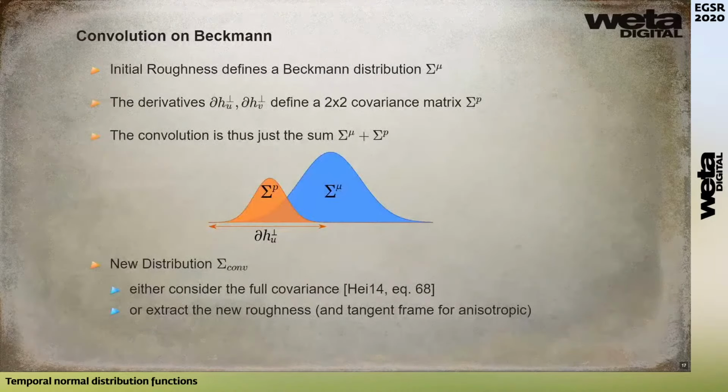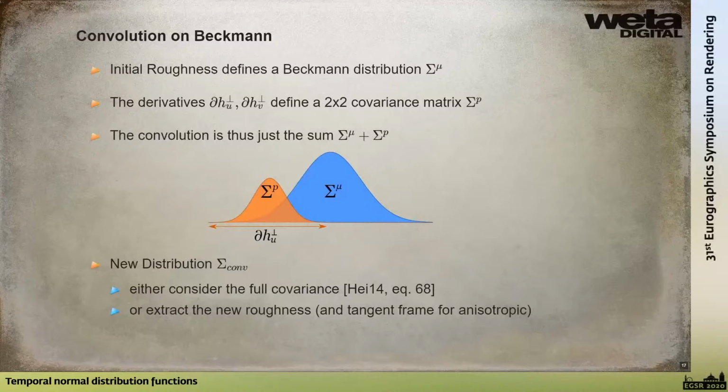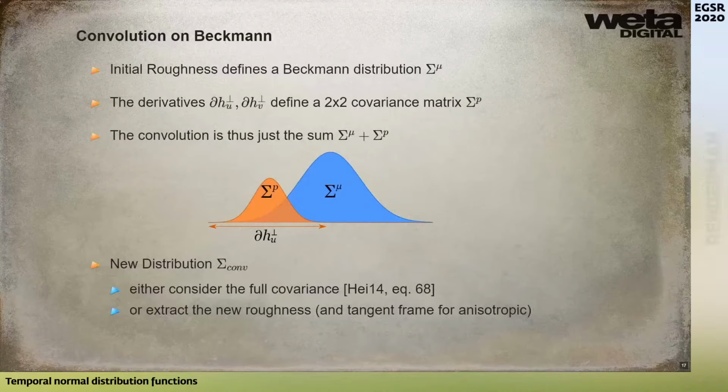Now that we have our derivatives, it's time to filter some distribution. Here we map our starting roughness to a Beckmann. Being a Gaussian in nature, it is an easy pick when it comes to convolving with another Gaussian kernel. From the derivatives, we then construct a 2x2 covariance matrix and use it to filter our Beckmann by simply summing up the two covariances.